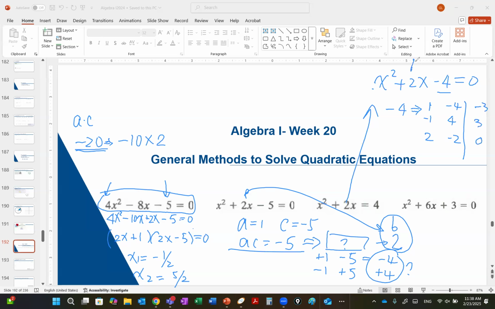Uh-oh, we didn't find any B matching the 2. So it means the factor method cannot apply here either. The same here. Looks like this one also cannot. All right. So the factor method can only be applied in this situation, but cannot solve the rest of the 3 questions. Right now, we need to find a way to get these solutions.